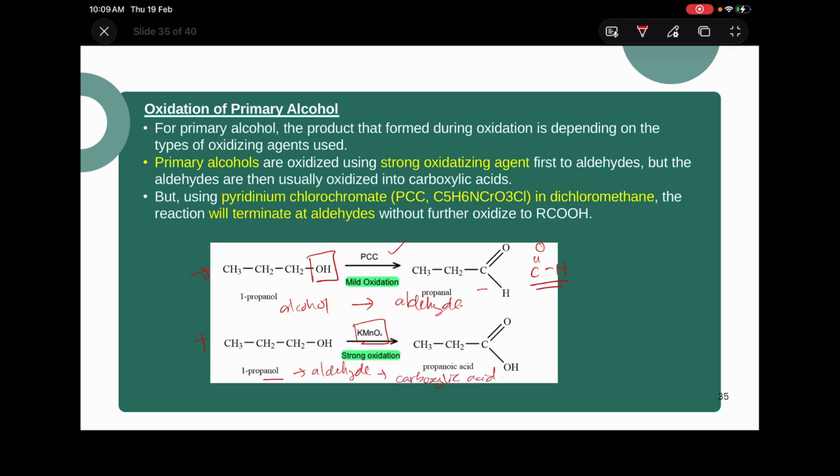So which means the final product for the oxidation process using potassium permanganate is carboxylic acid. So which means OH will change into C double bond O OH, which is ini merujuk kepada carboxylic acid.